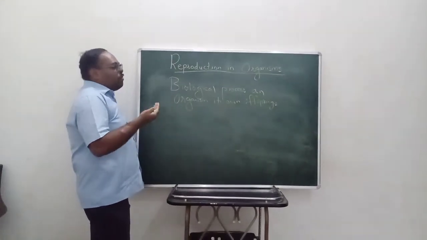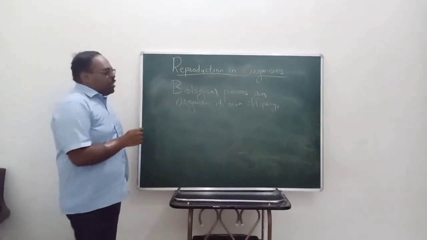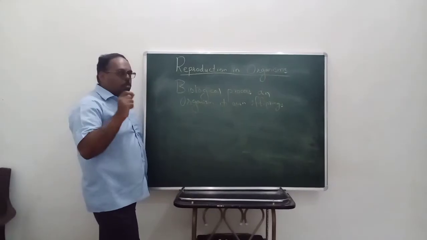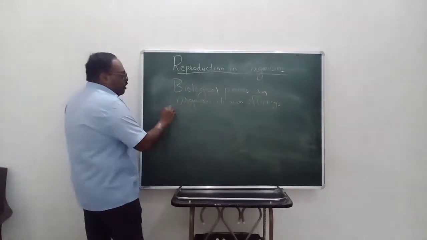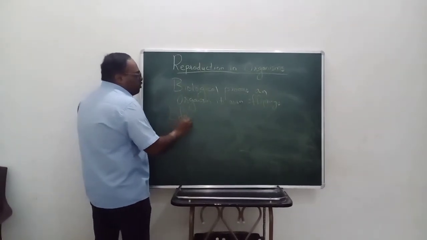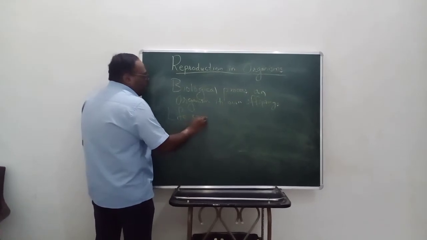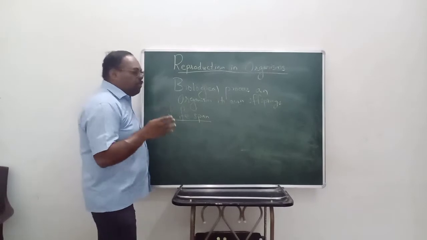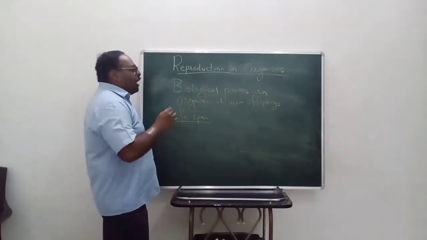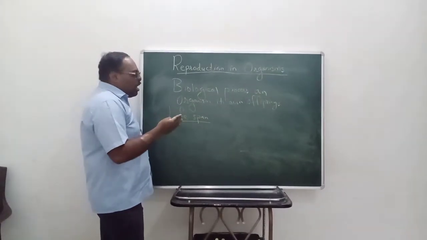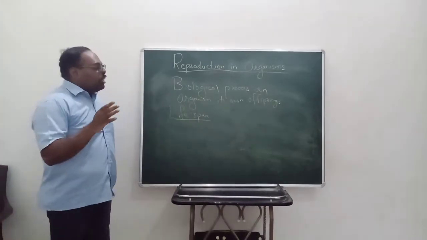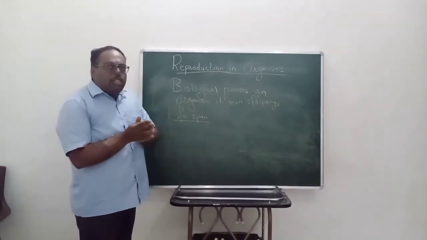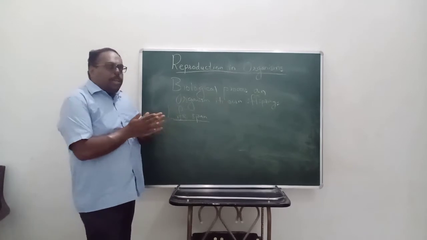And before entering into reproduction, we have to discuss a topic which is known as lifespan. Because for each and every organism the lifespan changes, and in every organism the reproductive phase also will change according to the lifespan.